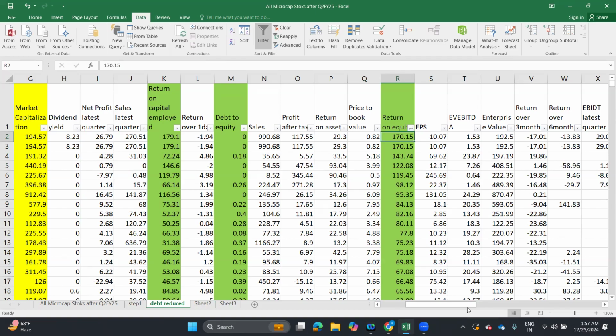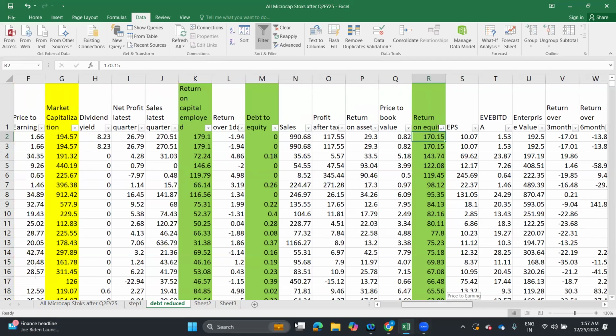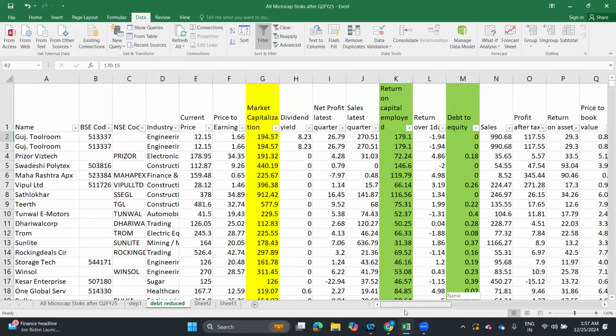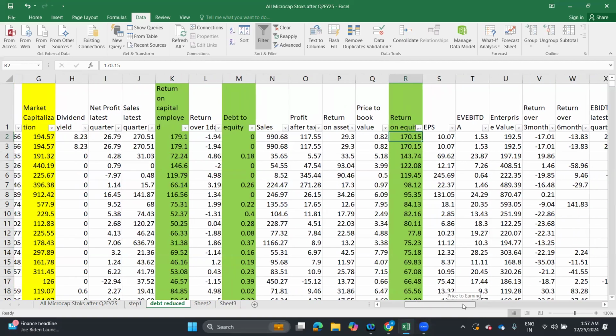Numerator is high means, in the case of ROE, your net profit must be very high. I don't think net profit is very high for companies like Gujarat Tourism, very small company, microcap company.